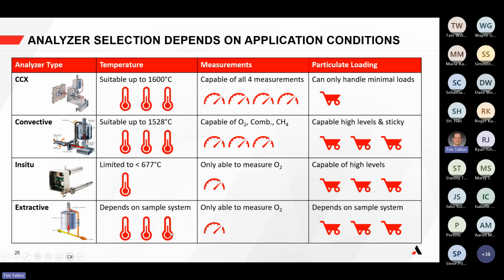You could have a water wash probe that could handle very sticky particulate, or very acidic environments. Now that being the case, from the zirconium oxide perspective, those are still only able to measure oxygen, but depending on the sample system, they could have much farther-reaching capabilities as far as what probe you choose to put on the back end of that sample system.